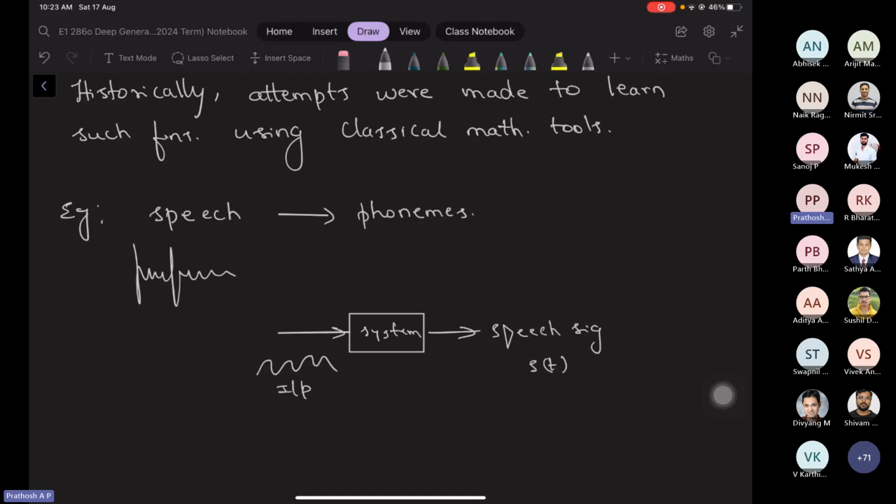Now, all you can measure is the speech signal. They say that there is an abstract input, which is the phoneme, the idea of a phoneme that a person thinks of, goes as an input to this system. And this system converts that into something that is measurable, which is called a speech signal.